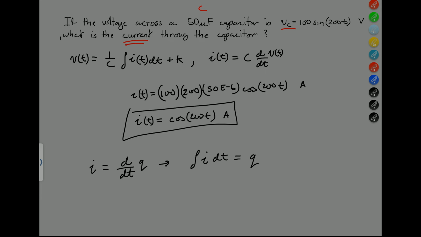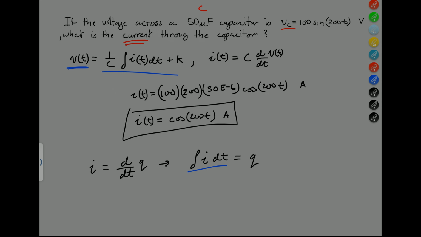Notice that V of t, the fundamental equation for the voltage across a capacitor, is given by the following, and as you can see, we have part of that expression.